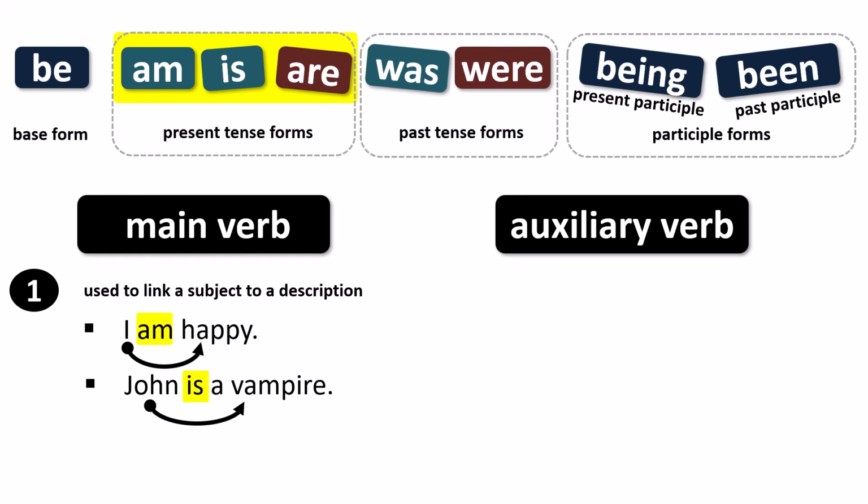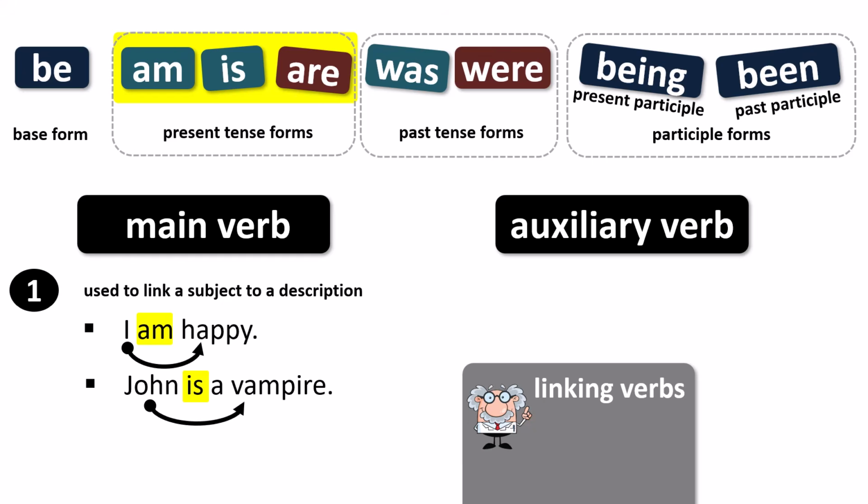Now's a good time to tell you that when the verb to be is used like this, it is classified as a linking verb. So keep an eye out for that term. And when it links a subject to an adjective, like happy, that adjective is known as a predicate adjective. And when it links to a noun or a noun phrase, like in this example, then that noun is known as a predicate nominative.